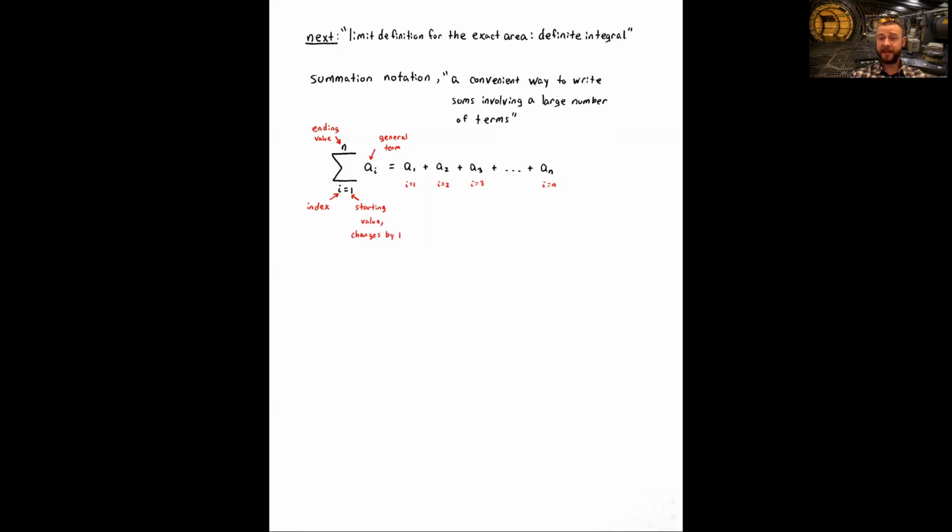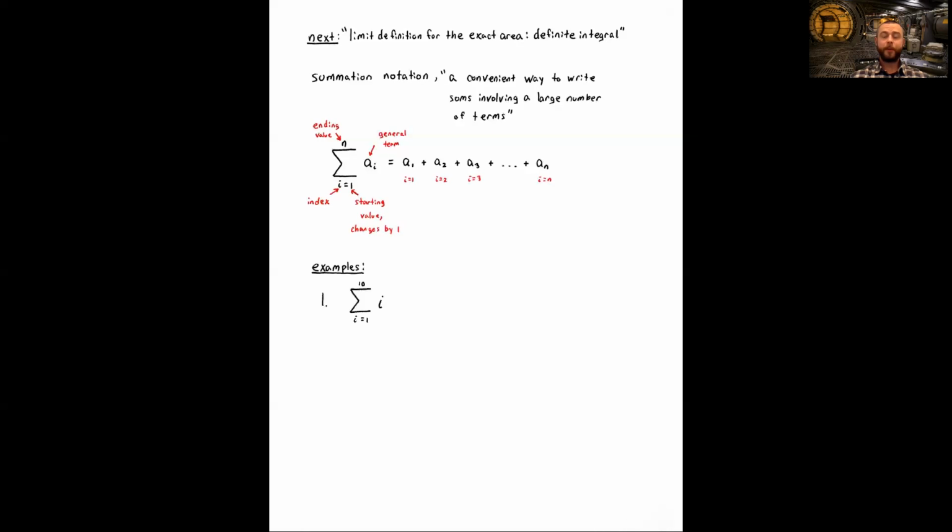Okay, let's take a look at some examples, again assuming no familiarity with summation notation. Let's say we're looking for the sum from the index value 1 to 10 of the general term i. Now be careful here: i is referred to as the index. We're not assuming it is the square root of -1.